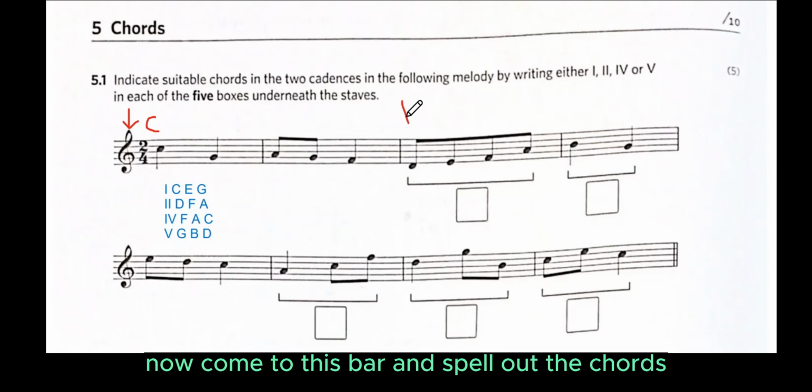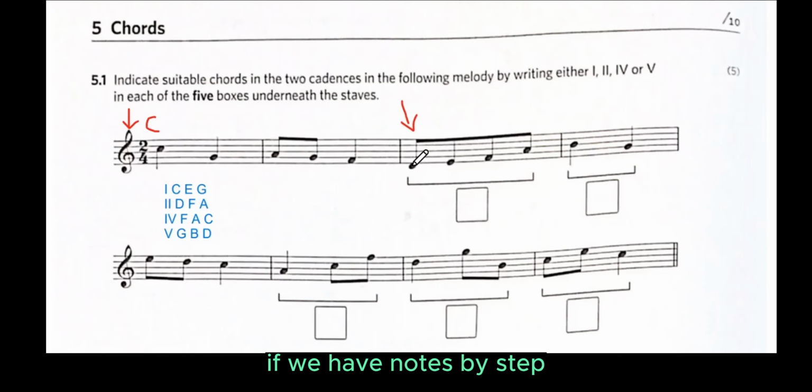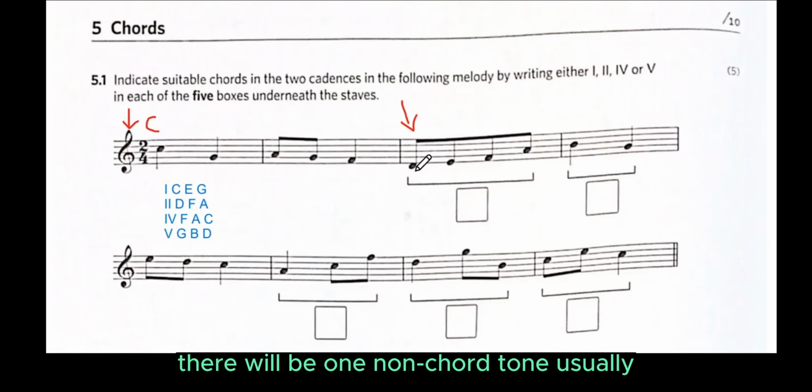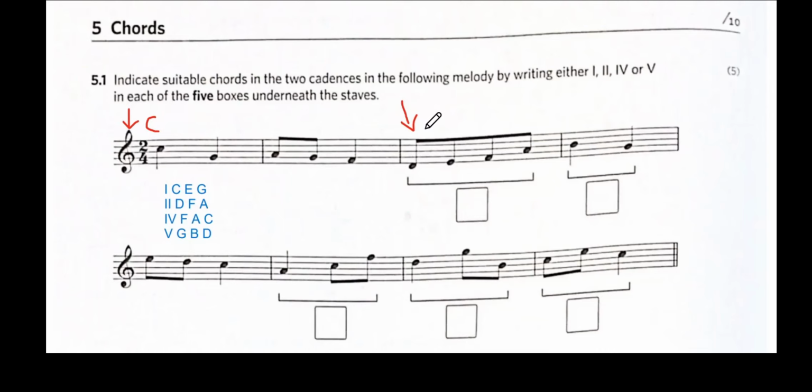Now come to this bar and spell out the chords. If we have notes by step, there will be one non-chord tone, usually. Let's read out D, F, A. They are all in thirds.